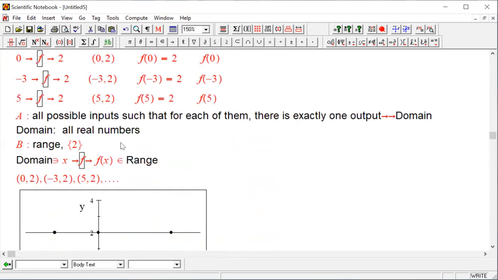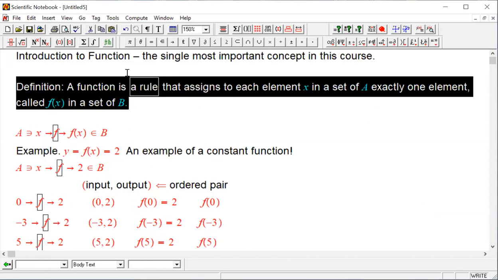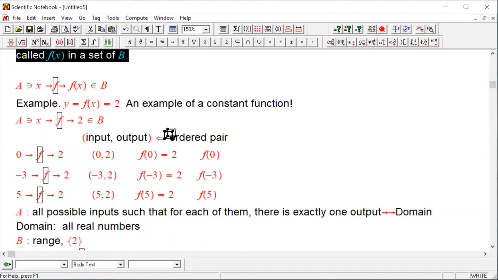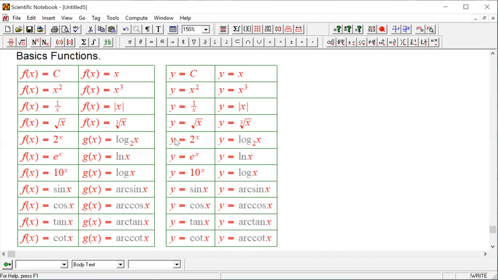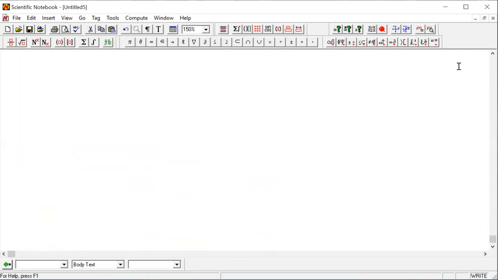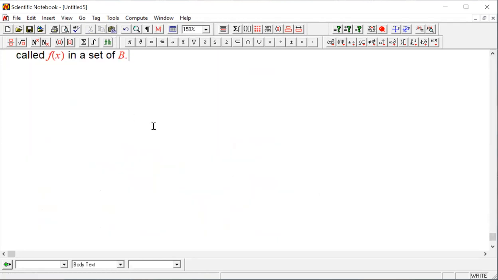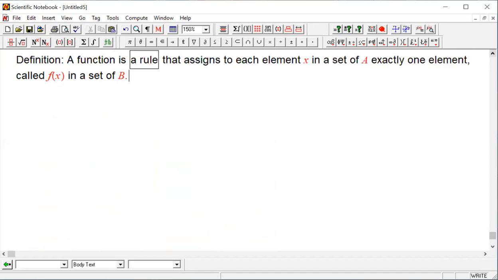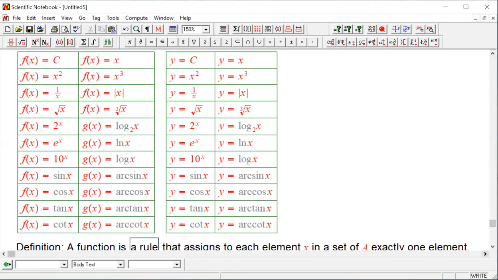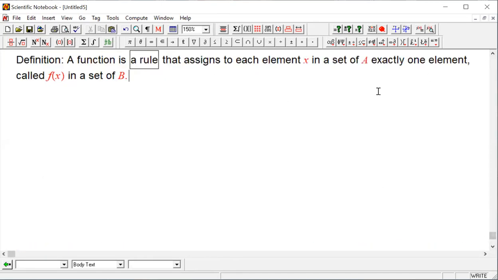Still with the definition of function in mind, we bring the definition of function with us, and we're going to study the domain, range, and graph of the next function. The function definition indicates we have input.